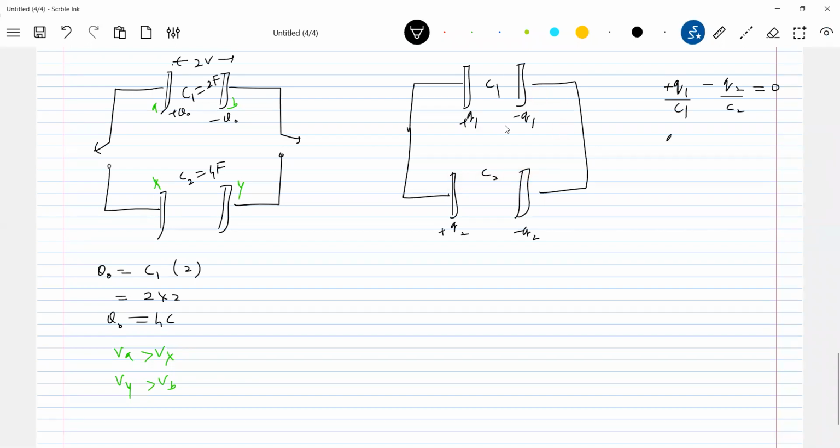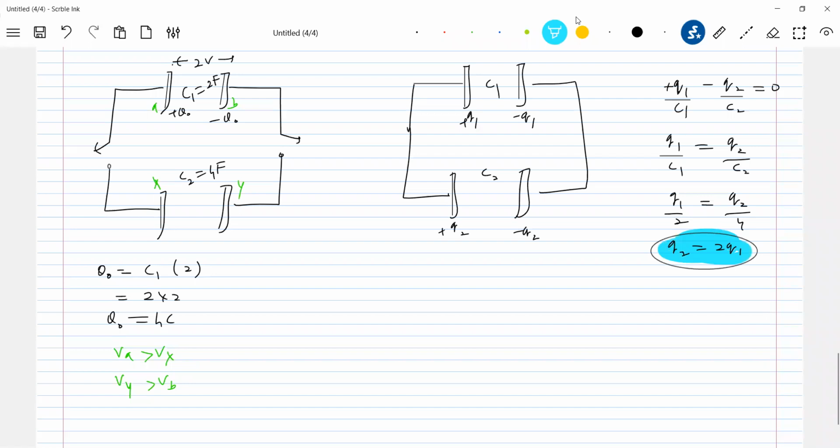So Q1 by C1 equals Q2 by C2. C1 is 2, C2 is 4. So Q2 is equal to 2 Q1. Okay, there's one equation, we'll keep it.